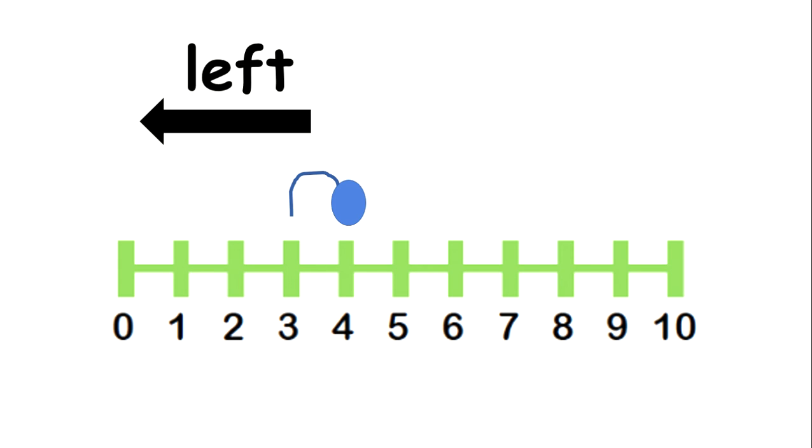So we have 1 place backwards, and we ended up at 3. So now 3 means she has 1 less. So 3 is 1 less than 4 because we hop back 1 time. So Meow has 3 jars of honey left. Okay, so that number is smaller than 4. It's 1 less than 4. We hop back 1 time.